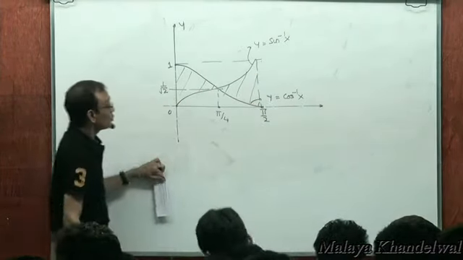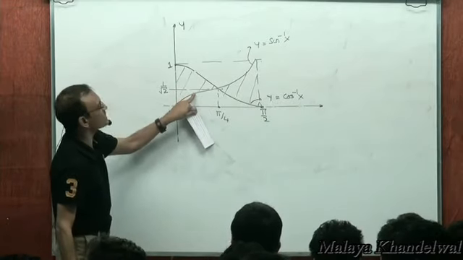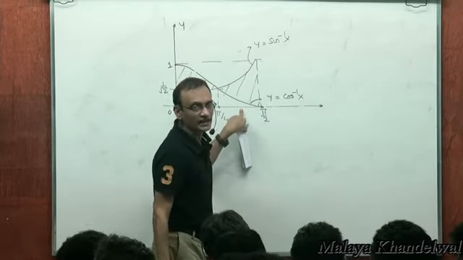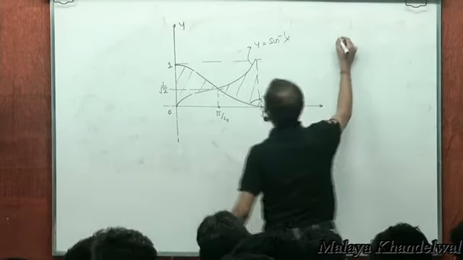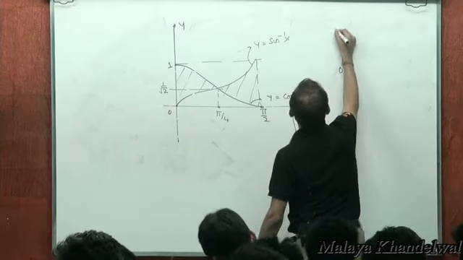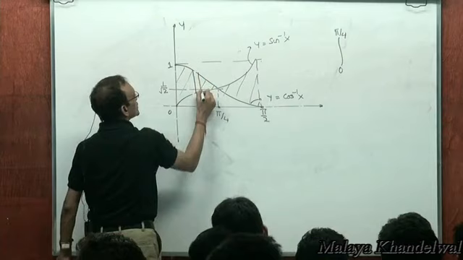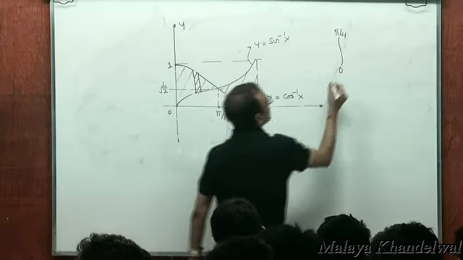From 0 to 1 by root 2, cos inverse is higher than sine inverse, and from 1 by root 2 to 1, sine inverse is higher than cos inverse. So from 0 to 1 by root 2, I'll take these strips. These strips are cos inverse minus sine inverse.